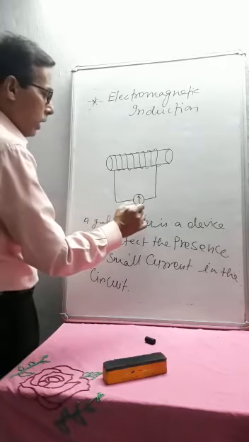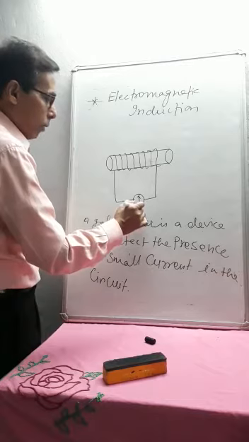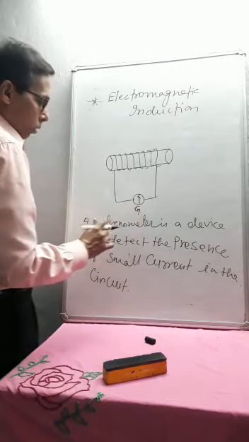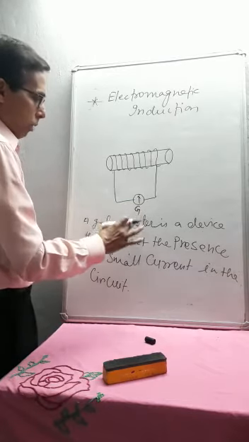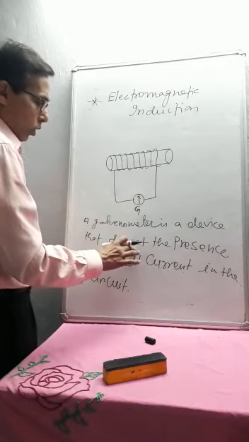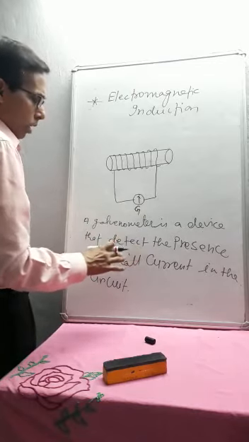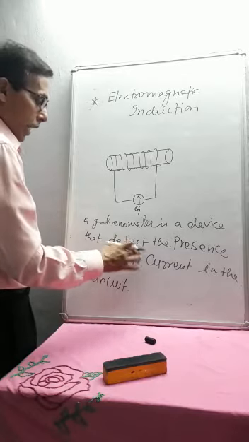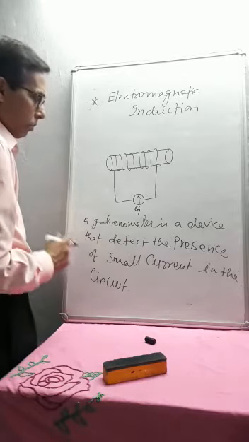So this G is the symbol of the galvanometer. It is an instrument, a device which detects the presence of a small DC current in any electric circuit.